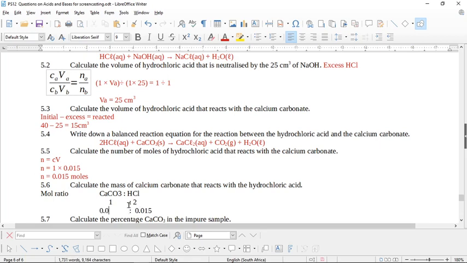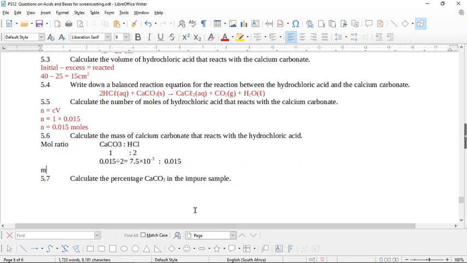So this is going to be 0.015 divided by 2. So this is going to be, what is that? It's 0.0075, 7.5 times 10 to the negative 3. So now we found out how many moles of calcium carbonate react with the hydrochloric acid.